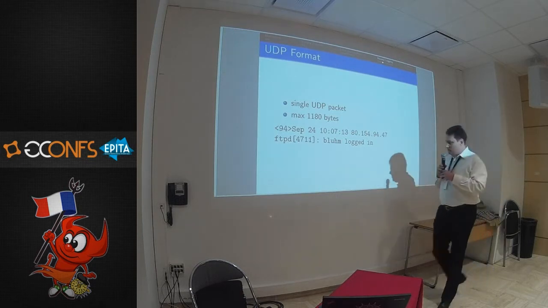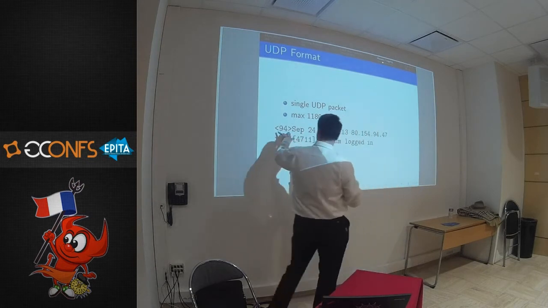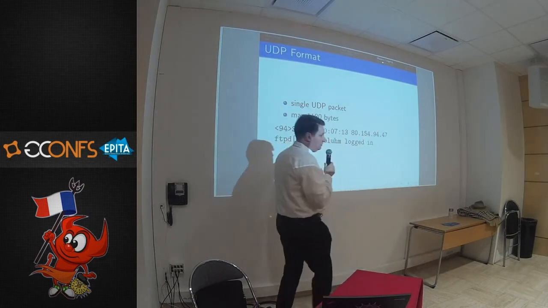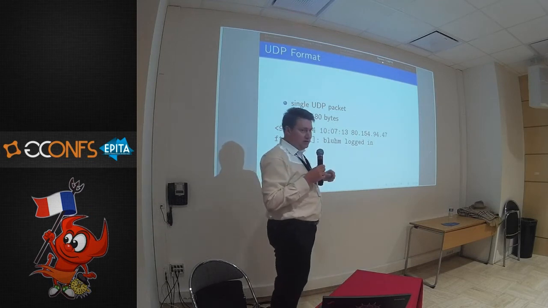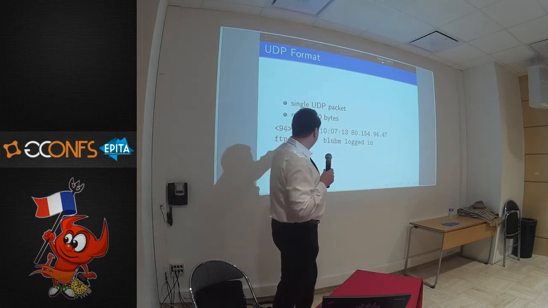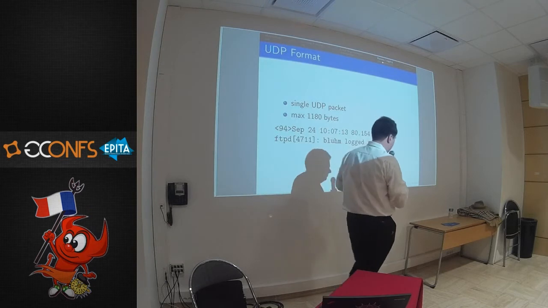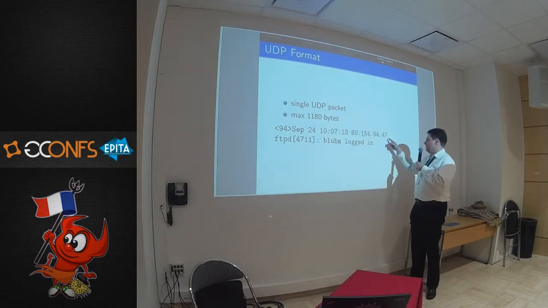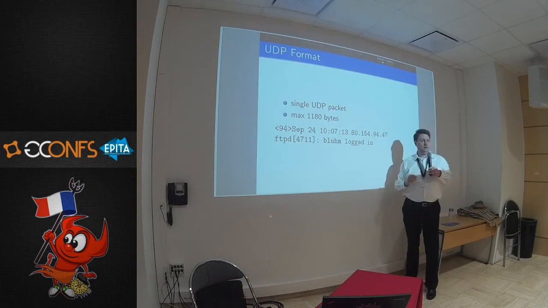So how does it look like? We have the priority we've seen before. We have the timestamp. Depending on how you set your syslog, with -z or not, you get the BSD timestamp or the ISO timestamp. So then the RFC says, here comes the host name.